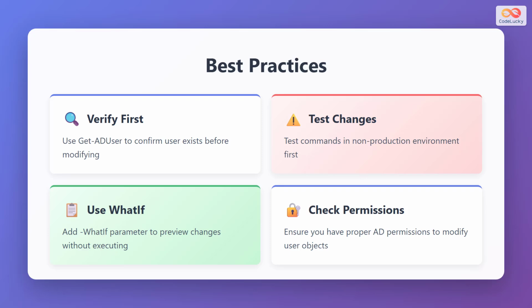Third, use the -WhatIf parameter whenever possible. This parameter shows you exactly what changes would be made without actually executing them, giving you a preview and chance to catch errors. Finally, ensure you have the proper Active Directory permissions to modify user objects. Without sufficient permissions, your commands will fail. Following these best practices will help you use Set-ADUser safely and effectively in your environment.